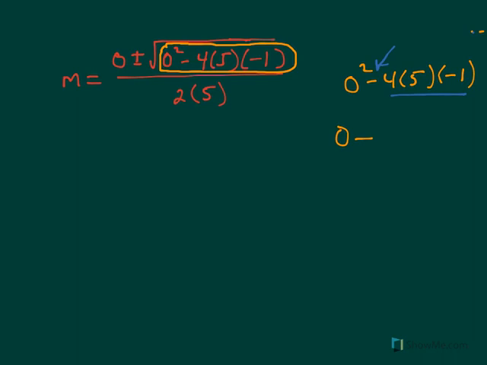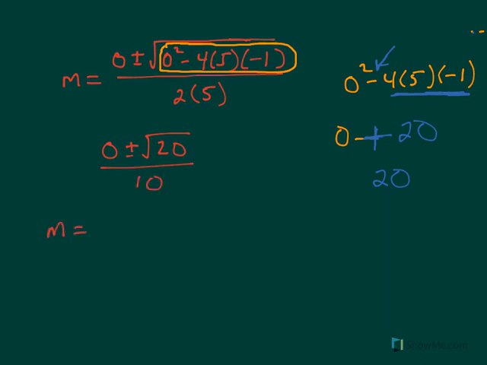Minus, and then working out what's underlined in blue, what's 4 times 5 times negative 1. 4 times 5 is 20, times a negative 1 would make it negative 20. And you have 2 negatives in a row, so that's going to make it plus. So 0 plus 20 is going to be 20. So what's under the radical is a 20. So in the formula, we end up with 0 plus or minus the square root of 20, all divided by 2 times 5, which is 10.